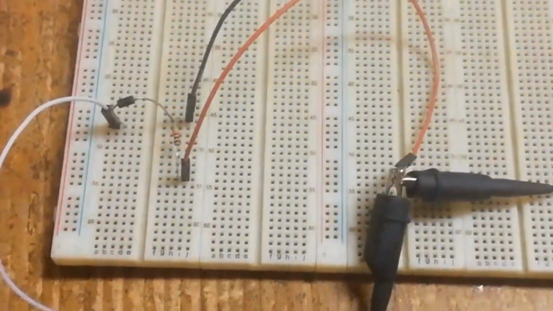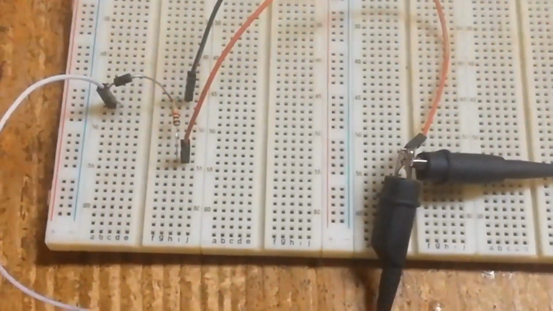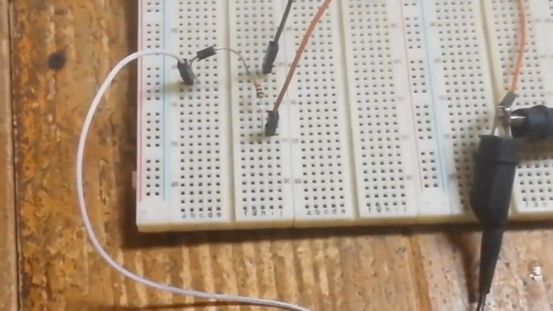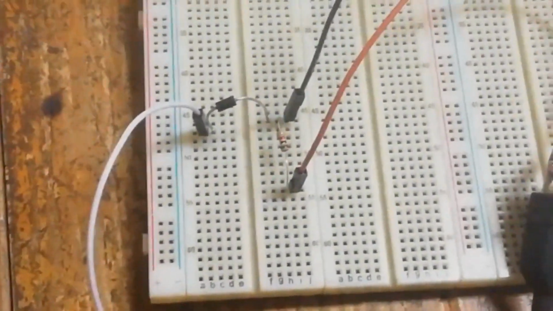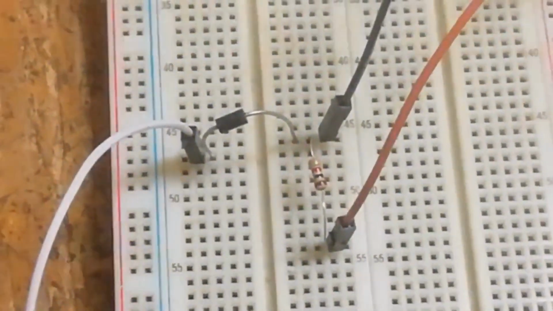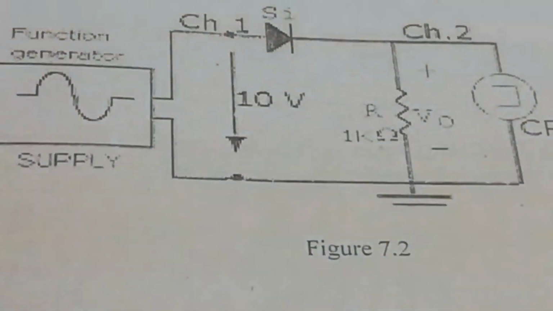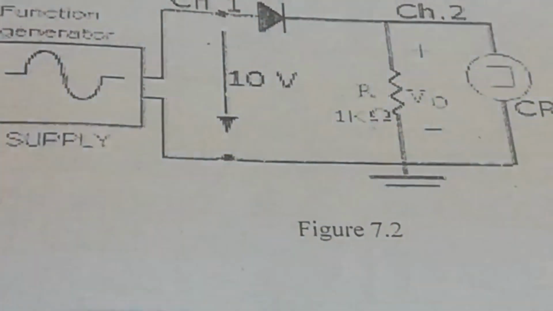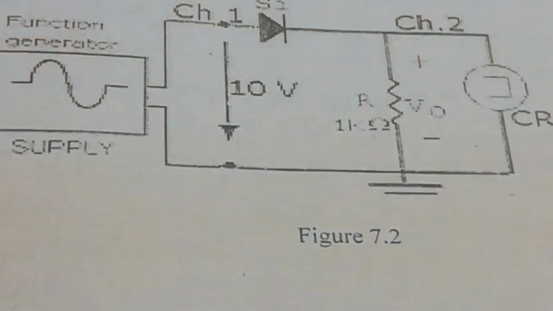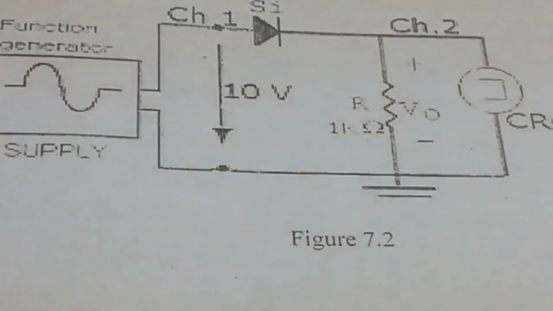Now in order to observe the output signal, I have connected the function generator and oscilloscope to this circuit like this. As you can see here, the probes of the function generator are connected like this. The positive terminal of the function generator is connected to the positive terminal of this diode, and the negative terminal is connected like this, because the second terminal of the resistor and the second terminal of the function generator and oscilloscope are connected to each other and grounded.